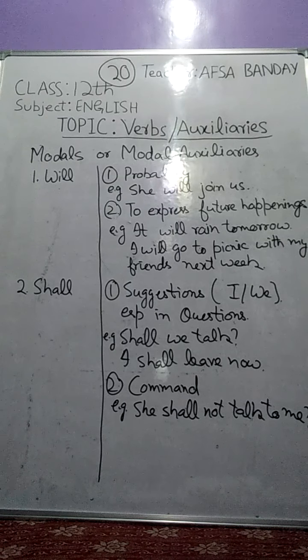And similarly, we say I will go to a picnic with my friends next week. In this example, we have used will, but this suggests that we are not certain whether we will go or not. It means you haven't decided whether you will go or not. But if you have decided something for the future, then will is not used.